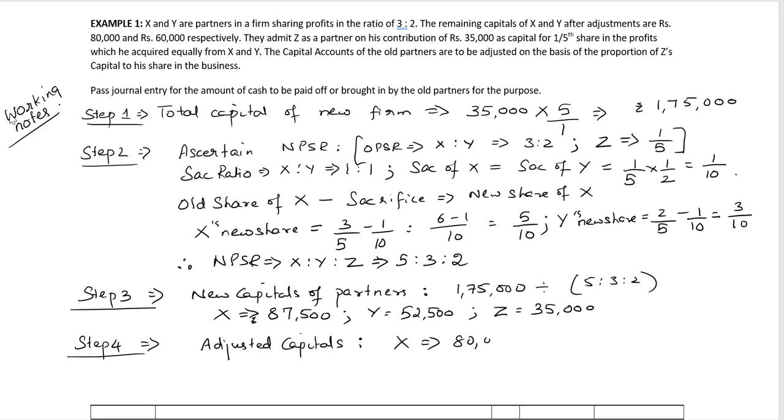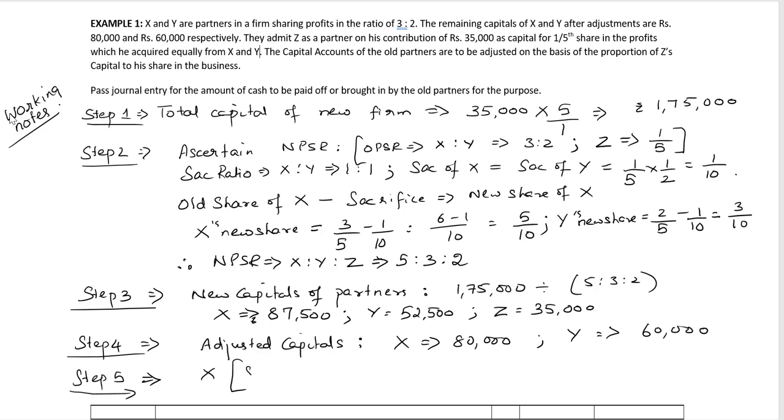So it's 80,000 rupees in the case of X, and in the case of Y, it is rupees 60,000. Final step 5. We need to compare the adjusted capitals.